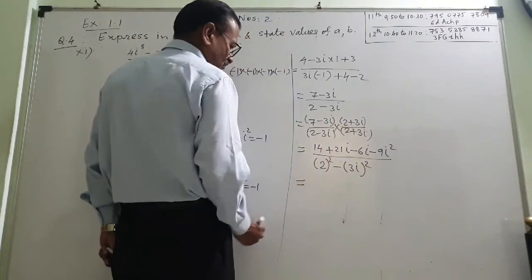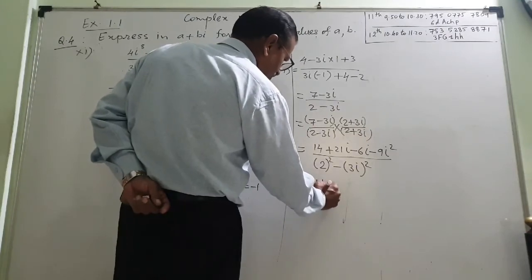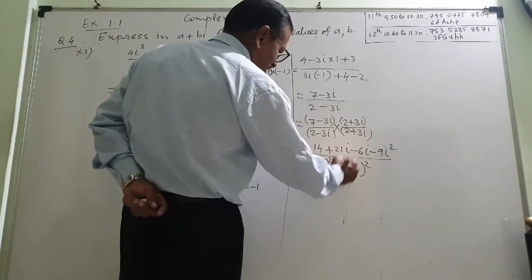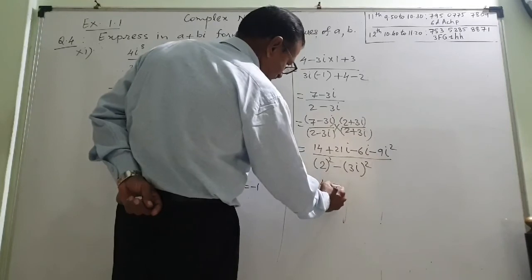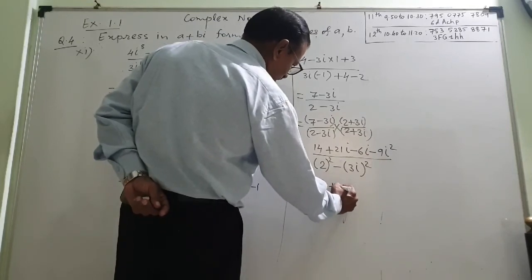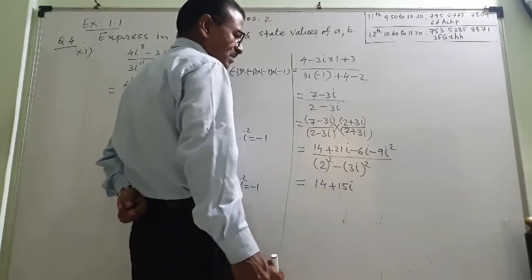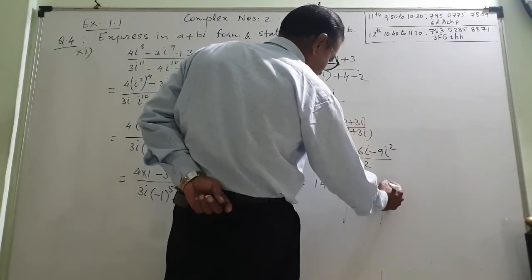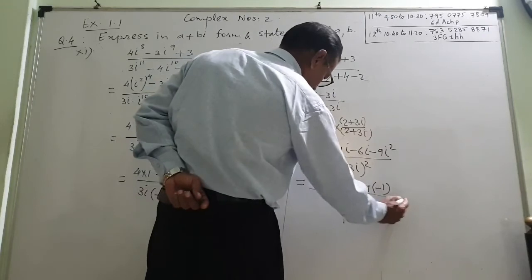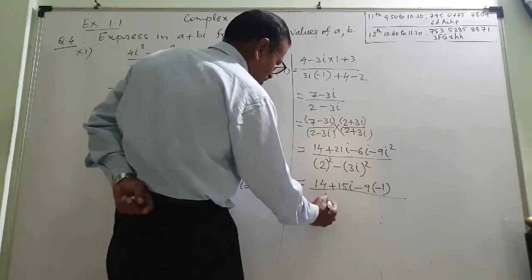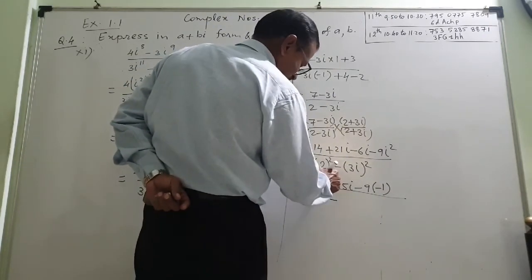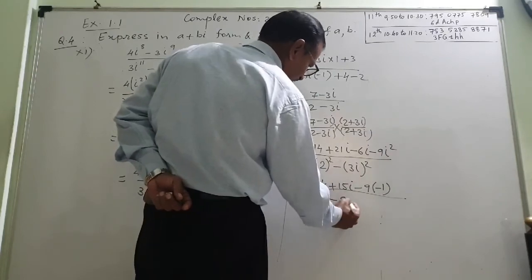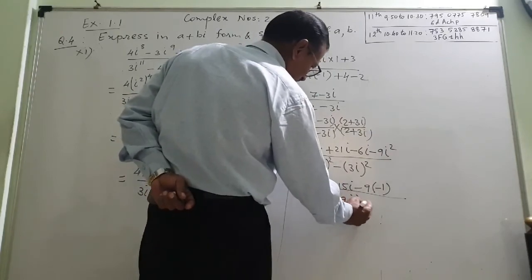That is equal to 14. Now for this, 21 and minus 6 is 15i, minus 9 i square, meaning minus 1, upon 2 to the 4, 3 square is 9, and this is i square.